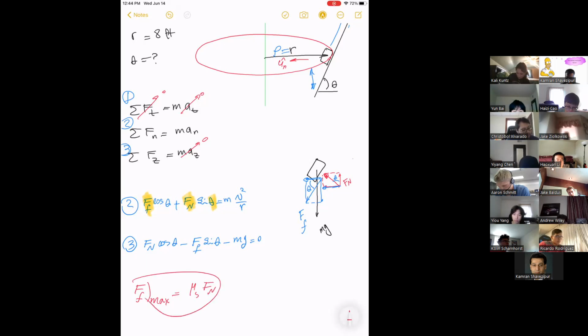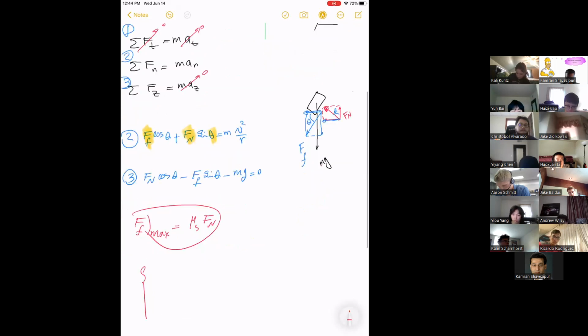I'm going to substitute this into those two equations. So you're going to get mu s cosine theta, and I can factor F_n too, plus sine theta, F_n, this is equation 1, equals m v squared over r.